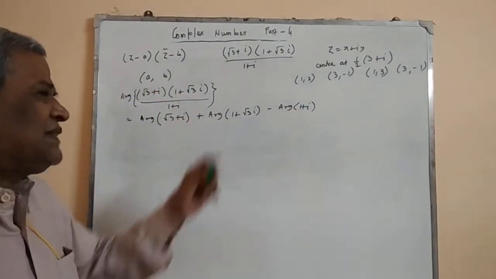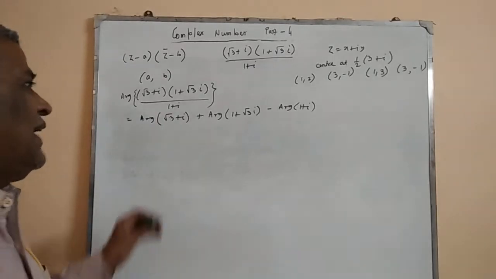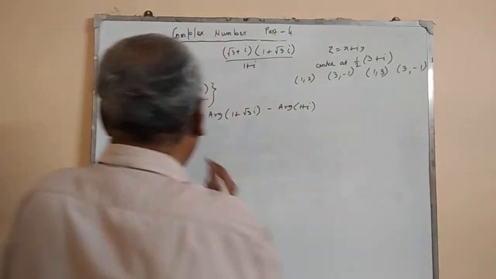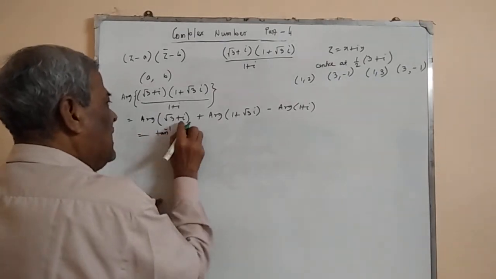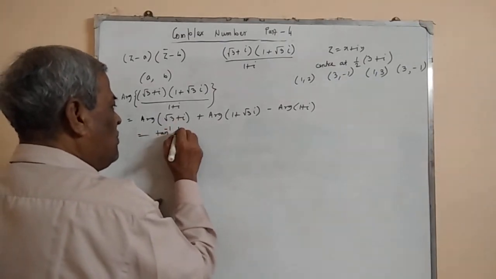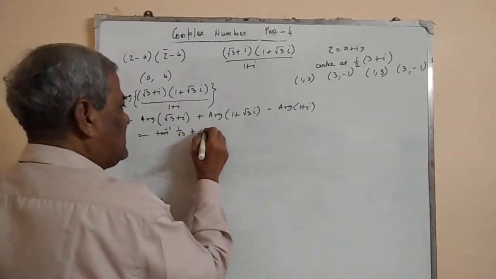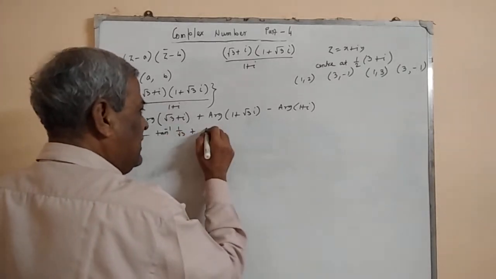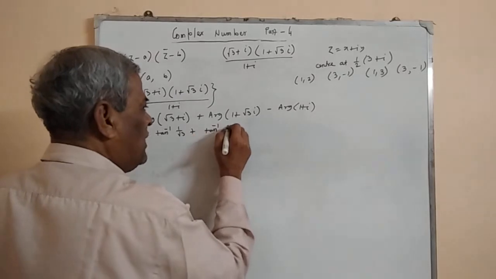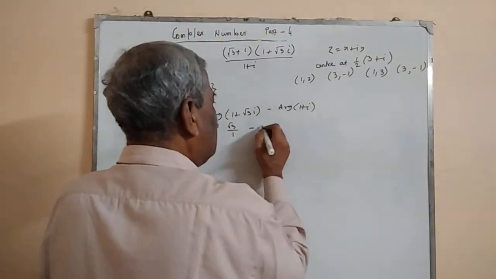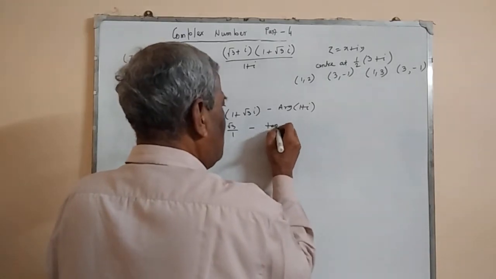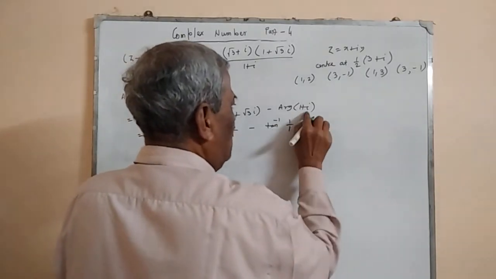All these complex numbers are in the first quadrant. So argument of this is equal to tan inverse of y by x, that is 1 by root 3, plus, same thing, tan inverse root 3 by 1, minus tan inverse 1 by 1.